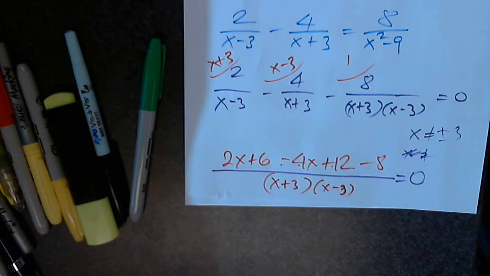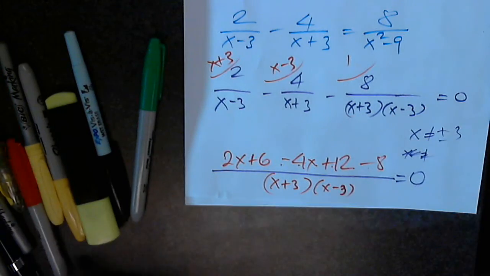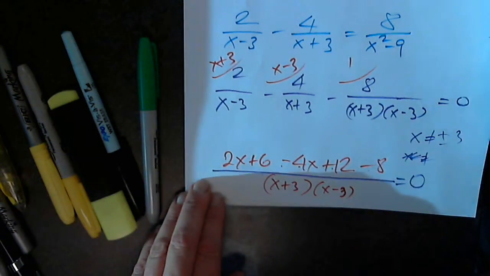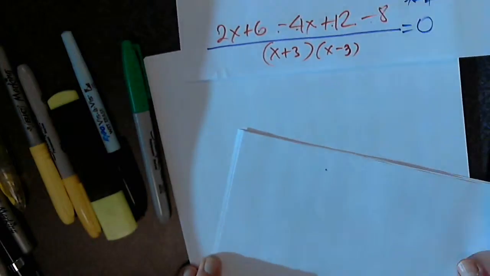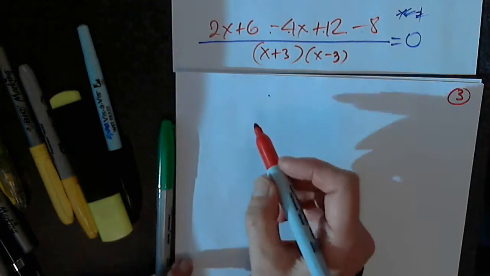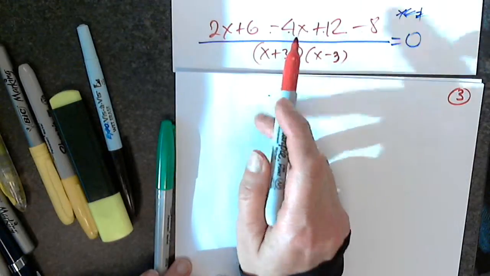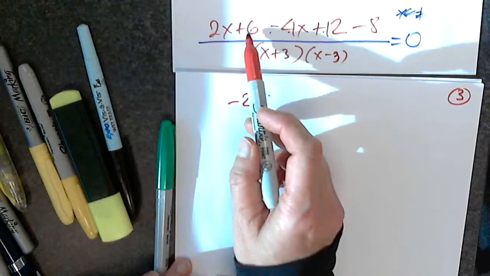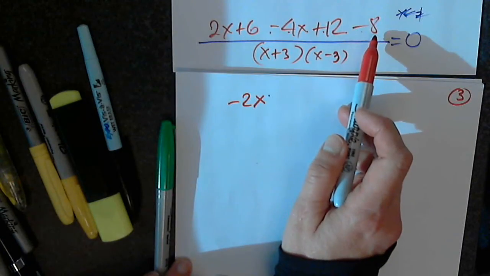Okay. We all agree so far? Yes. Okay, perfect. Now what would be the next step? Combine them. Very good. I have to combine like terms. Two x minus 4x, negative 2x. So this is 18 minus 8, which is?